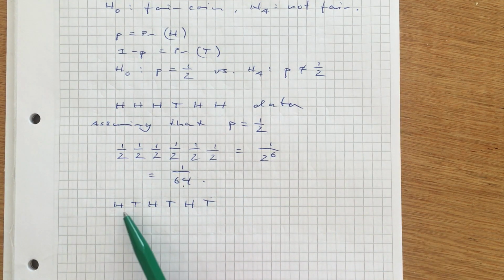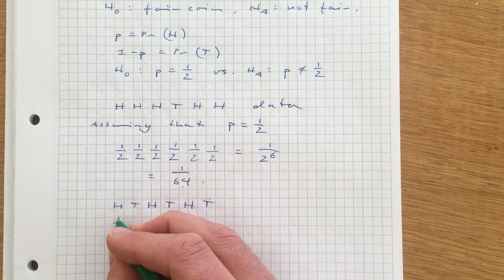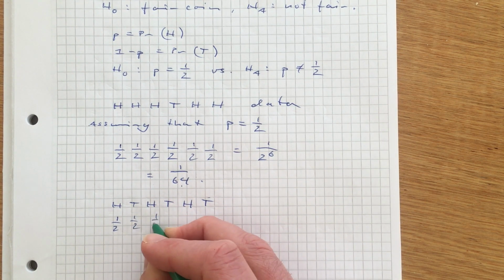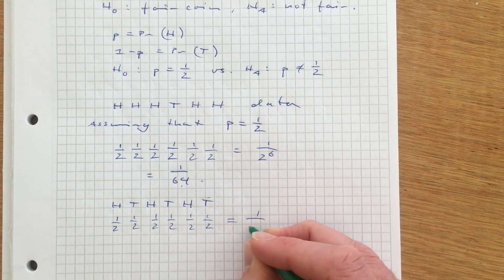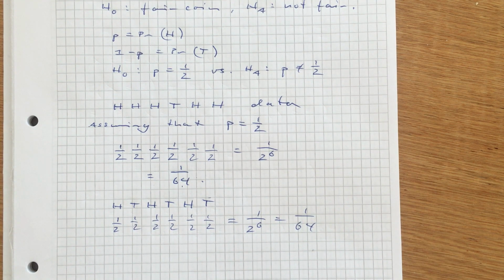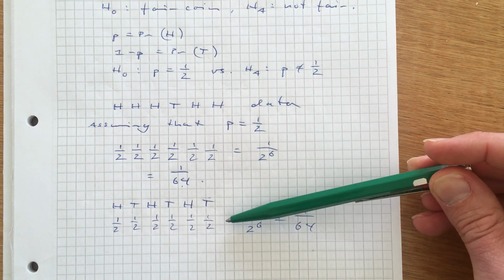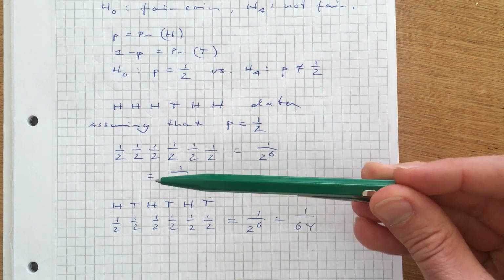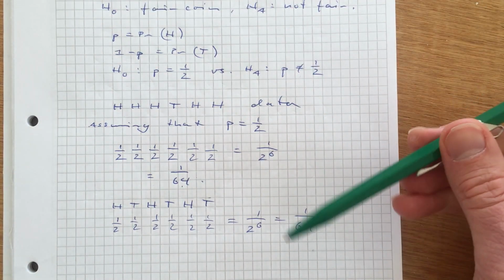Here we have 3 heads and 3 tails, which is what you expect from a fair coin. But the probability of getting this sequence is 1/2 for each toss, which is 1/2 to the power of 6, equals 1/64. So we see that the sequence that appeared strange and the sequence that is not so strange have the same probability. So obviously we can't use this probability to say something about the null hypothesis.